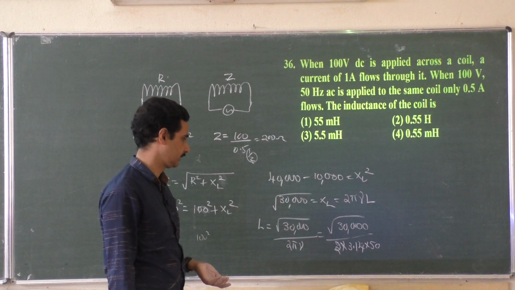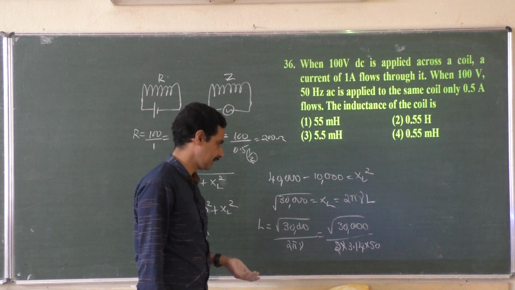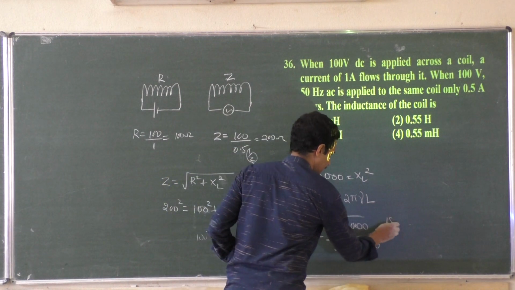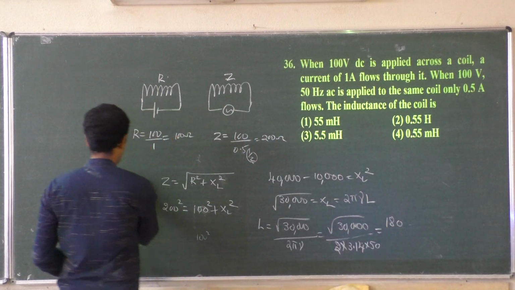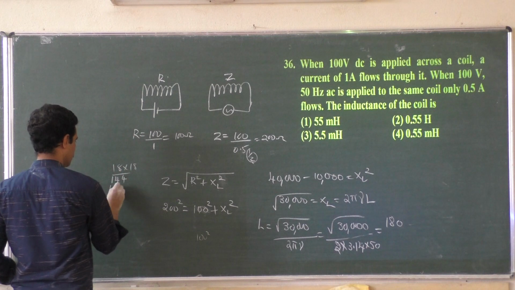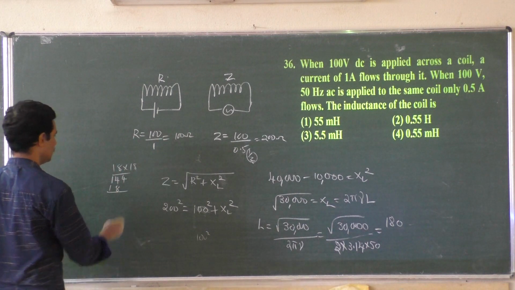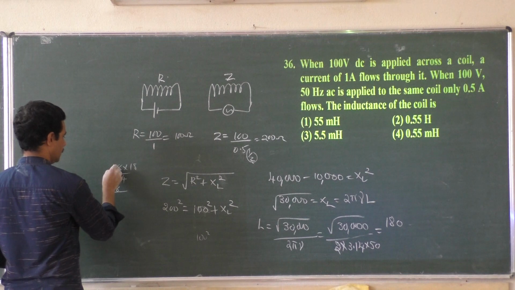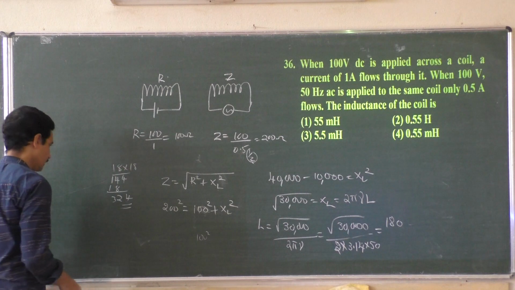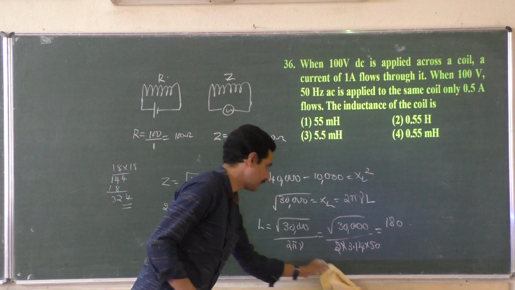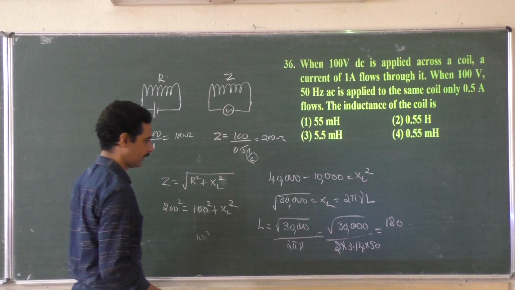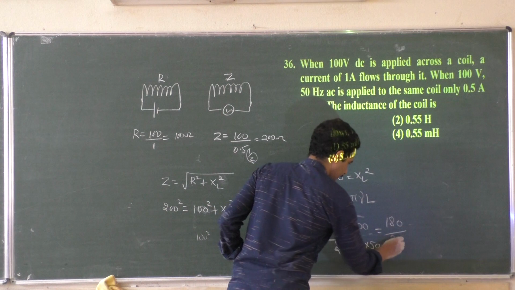16 squared is 256, and between 16 and 18 it is some 294, almost near 180, right? 18 into 18 is more, but 17 into 17 is less, so it is between 17 and 18, divided by 314.